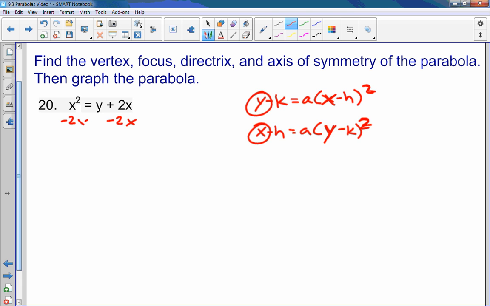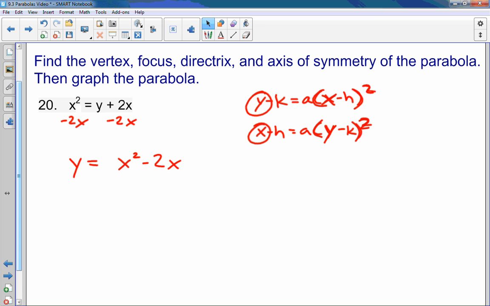So I'm going to get all of the x's together. y is equal to x squared minus 2x. Now it's getting closer, but notice I'm going to have some parentheses in here, which means we're going to have to complete the square. Remember, I'm going to add b over 2 squared to both sides.